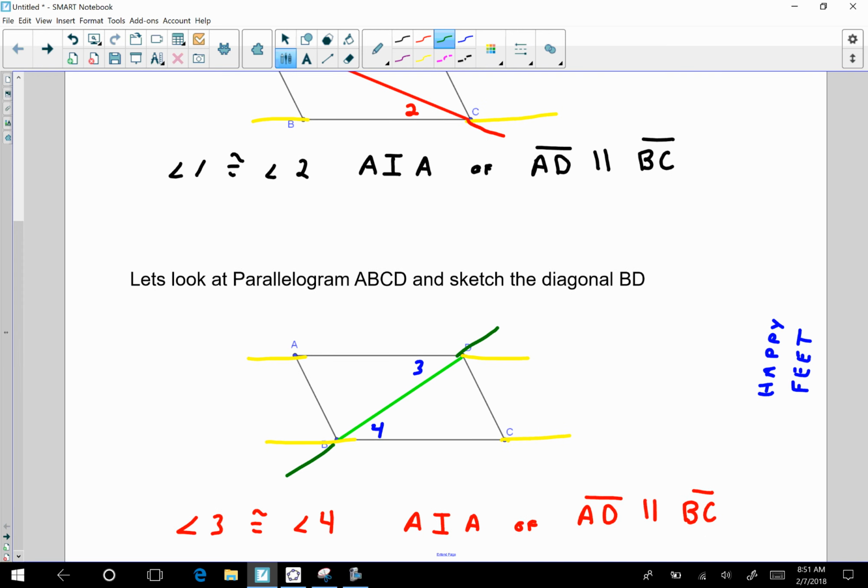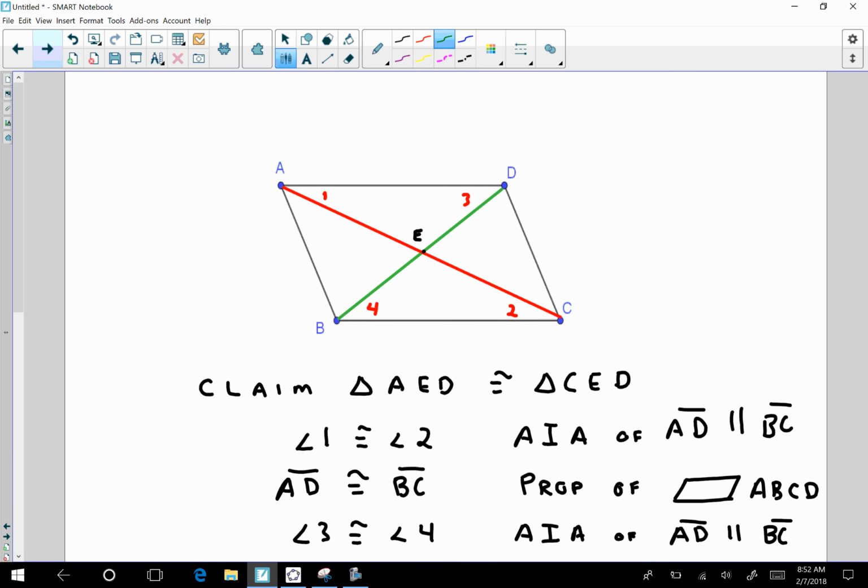So we're going to use that information, the fact that angle 1 is congruent to angle 2, and angle 3 is congruent to angle 4. What I'm going to do is put both of those diagonals together on one slide, as I've done here.